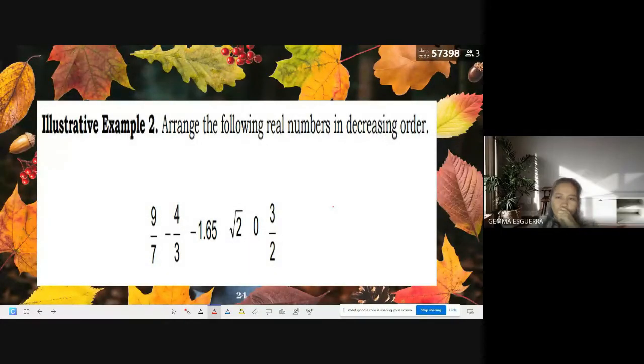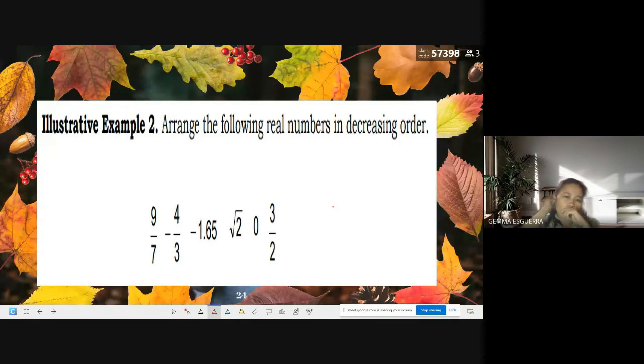Arrange the following real numbers in decreasing order. When we say decreasing, from the highest number to the lowest number. So, what is the highest number here? 9/7, -4/3, -1.65, square root of 2, 0, and 3/2.